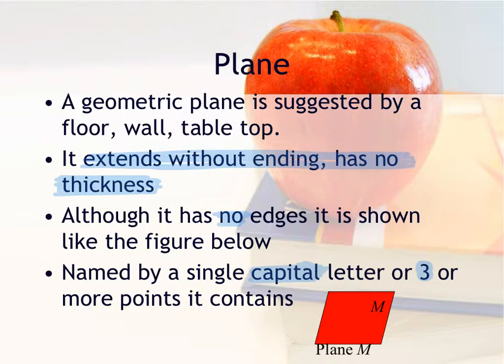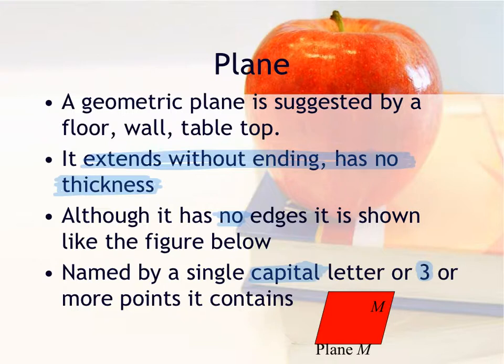A good example of a plane could be this wall. It's like a rectangular shape, but we'll pretend the wall goes on forever, or the ceiling, or the floor. These are all examples of planes. It can be named with a single capital letter, or 3 points that are inside that plane.